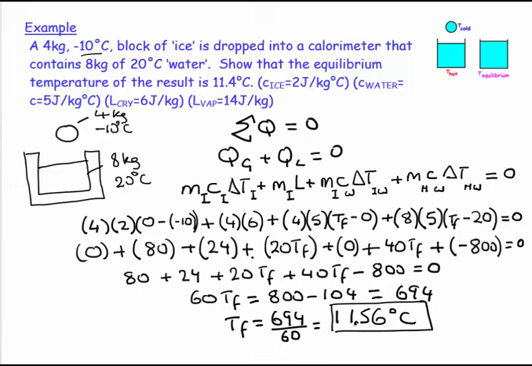Most common mistakes. Most common mistakes are people think that T final is whatever is at the end of my bracket. So rather than recognizing that the final temperature for the heating up of the ice is 0, they'll put T final in there.